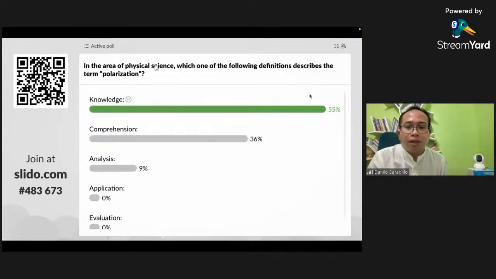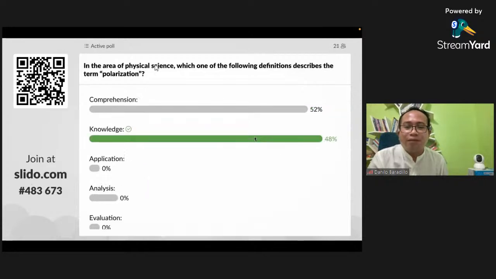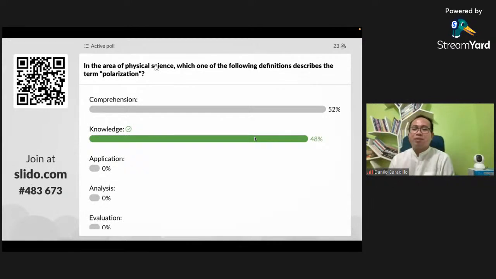Okay, so there are those who answered knowledge. There is comprehension with 43%. Analysis is 7%. And then moving up is knowledge. Now you are seeing the poll is an active poll from everyone who is responding, with the 22.